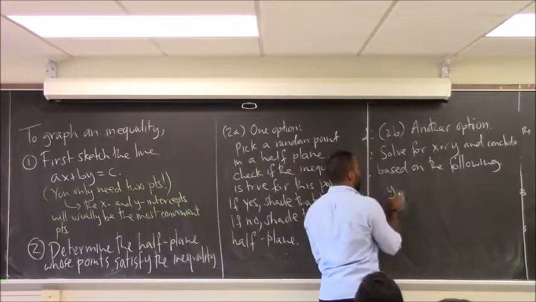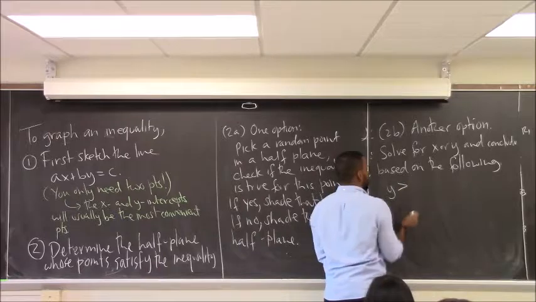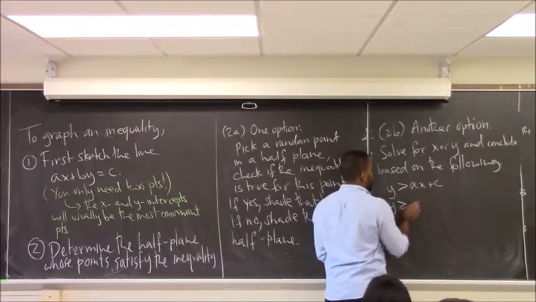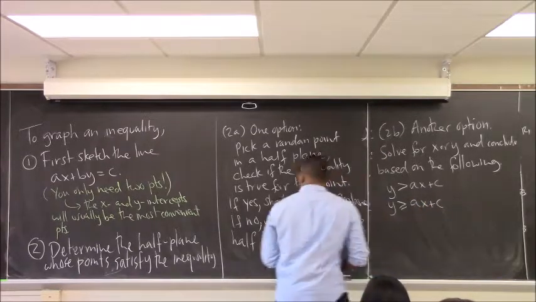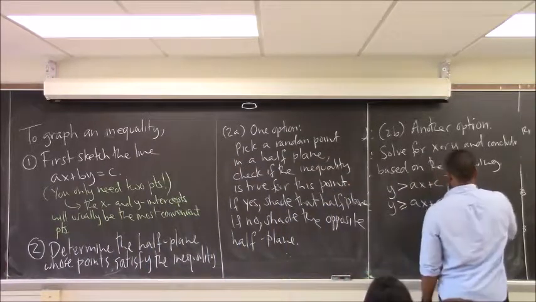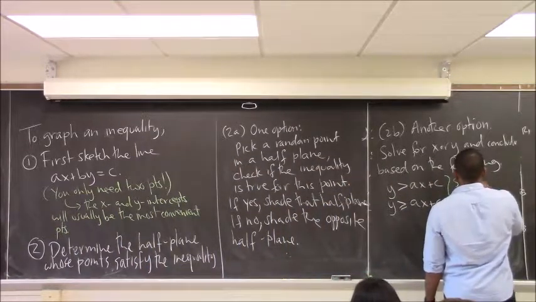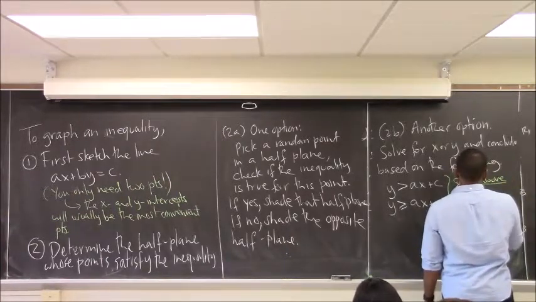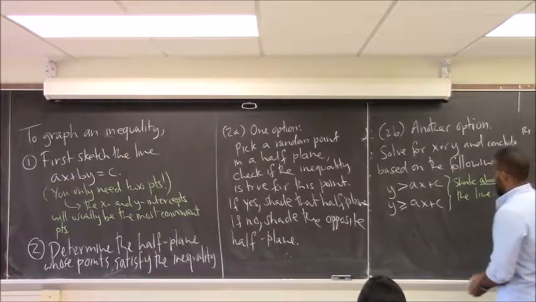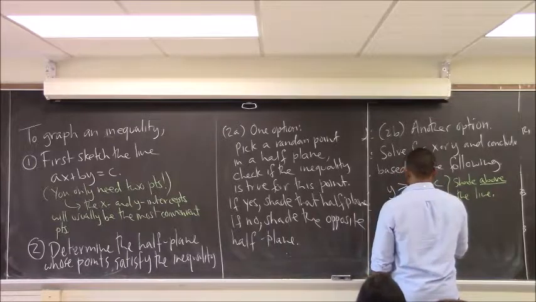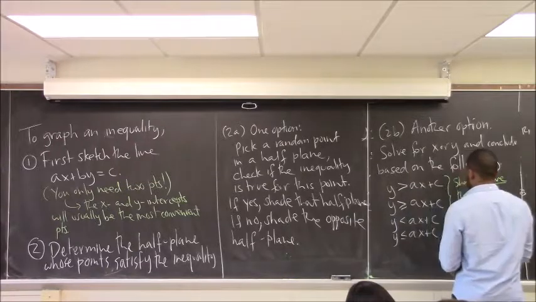Let's say you solve for y and you see that y is greater than ax plus c, or y is greater than or equal to ax plus c, then you would shade above the line. And if you have y less than ax plus c, or less than or equal to ax plus c, you shade below the line.